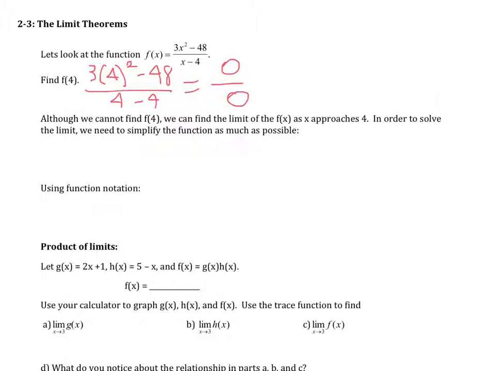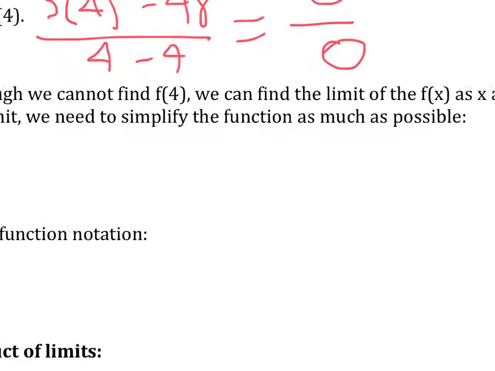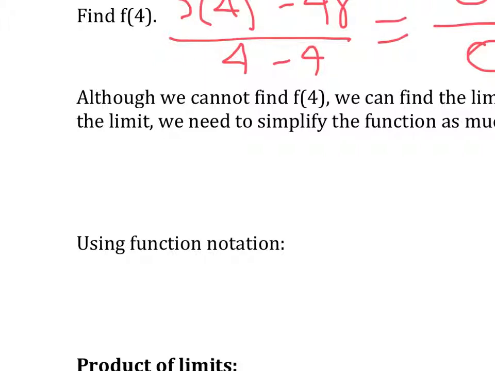In order to solve this limit using direct substitution, we're going to need to simplify this expression as much as possible. So just to work on our notation a little bit, we're going to write out every step. The first thing we're doing is taking the limit as x approaches 4 of f of x.